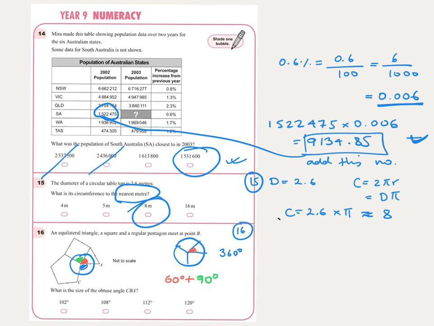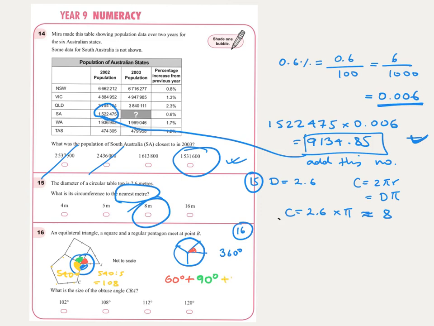Now let's use yellow. What do we have here? We have a pentagon. And we do know that the sum of all angles in a pentagon is 540. You may think, really, how do I know that? I'll explain that in a second. If I have 5 angles, 540 divided by 5 is going to give us 108.